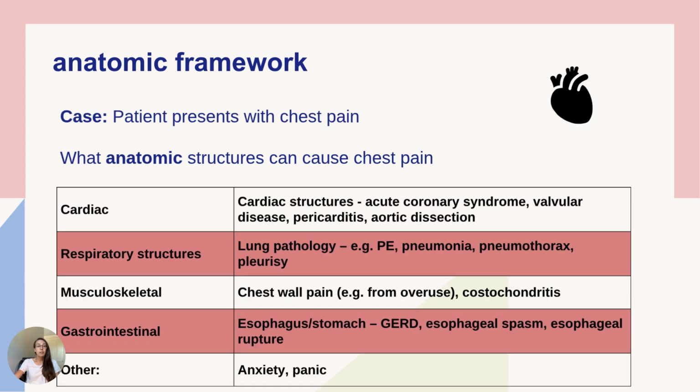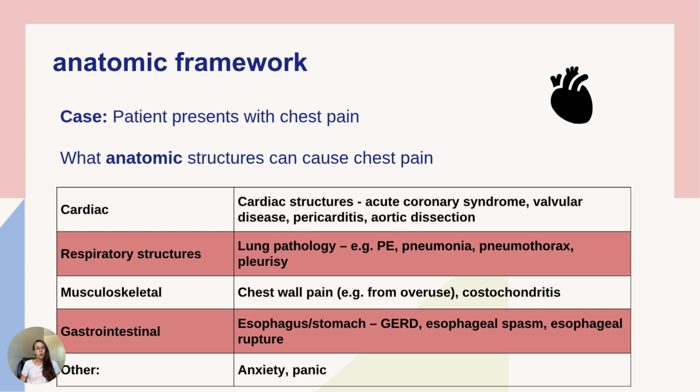Another example is a patient presenting with chest pain. So you could certainly use different frameworks for this, the systems framework, but you can also use the anatomic framework, asking yourself what cardiac structures can cause chest pain. So of course, we think of the heart, the cardiac area, right? Could it be acute coronary syndrome, valvular disease, pericarditis, aortic dissection?